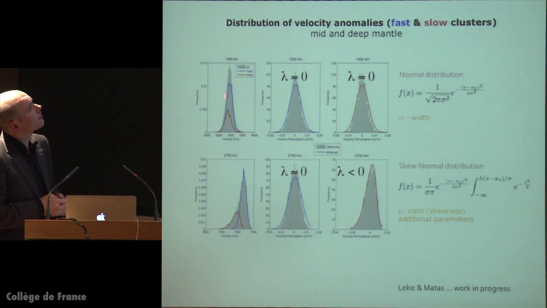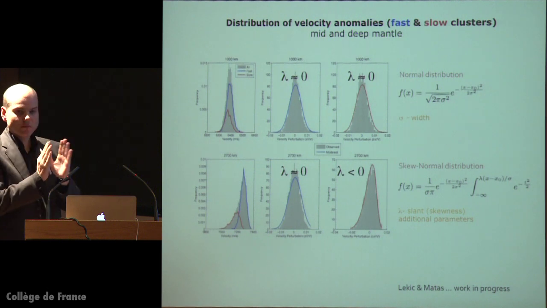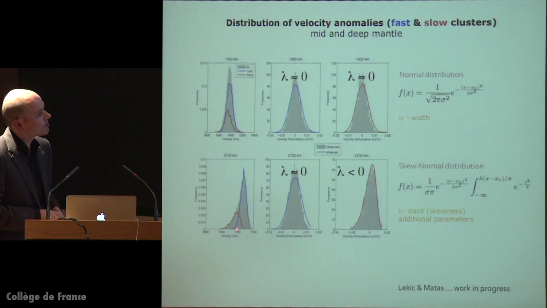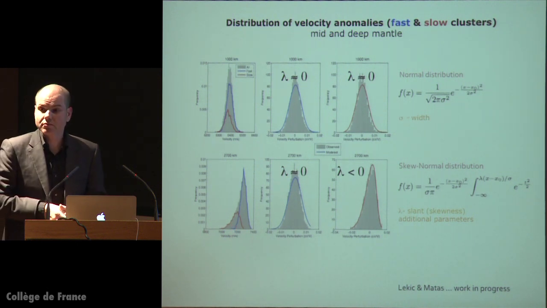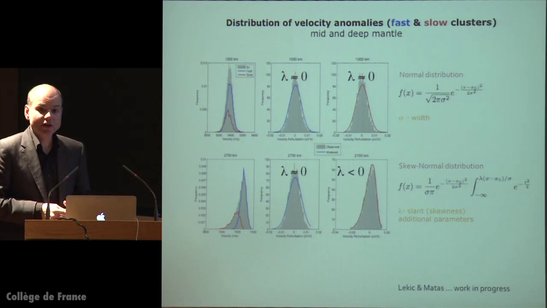And what you can see is that at the depth of 1,000 kilometers, the two distributions are quite similar. They plot one on each other, but at the bottom they separate. And one important observation is that here you see something which is rather symmetric, but in the case of the slow cluster, it's not symmetric.